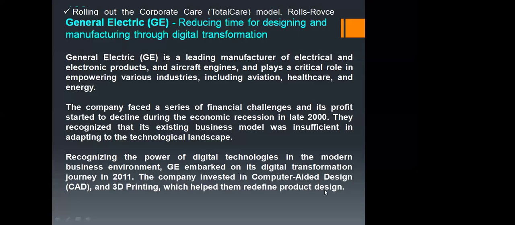The company invested in computer-aided design and 3D printing, which helped them to redefine product design. So first, they addressed the designing part by implementing these emerging technologies, CAD, 3D printing, etc., to redefine the product design.